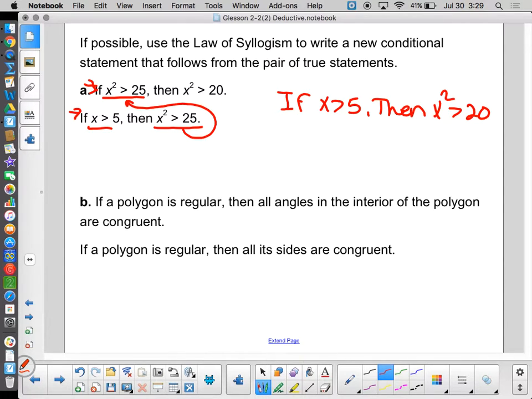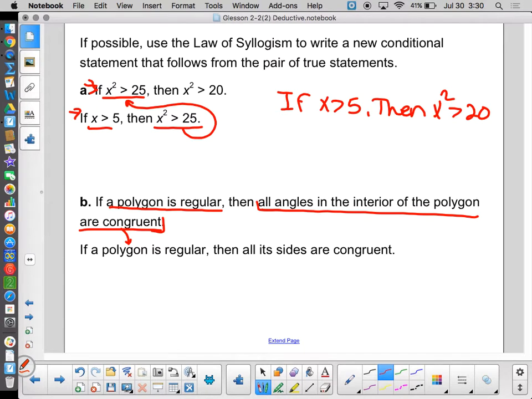If a polygon is regular, then all the angles in the interior of the polygon are congruent. If a polygon is regular, then all its sides are congruent. Okay. So, is there a syllogism here? Well, let's see. Polygon is regular, then all the angles in the interior of the polygon are congruent. So, in order to have syllogism, this second statement, all the angles, has to be the first statement in the next thing.